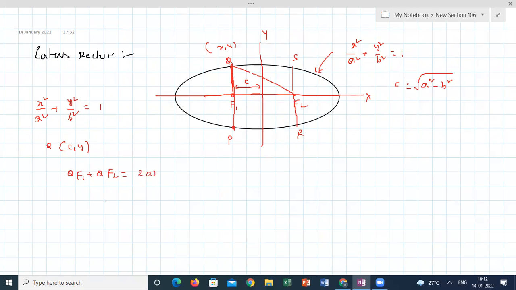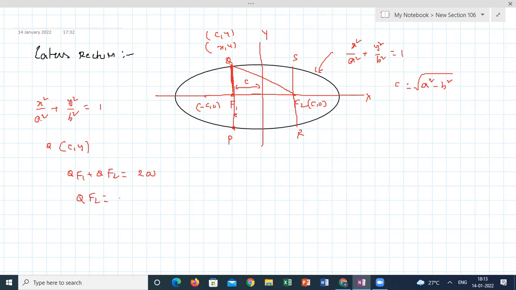Super. Q is (c, y), and F is (c, 0). Since QF1 plus QF2 equals 2a, QF2 becomes 2a minus QF1.